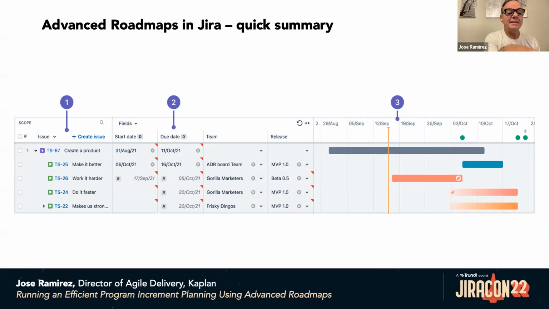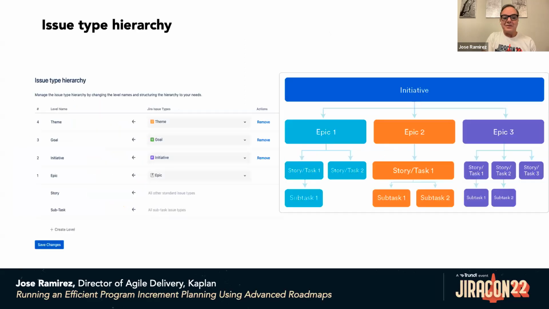And in this interface, you see the R beside some dates. That R, in the new version, is a curved arrow, and it means a rollup. So you don't need to define a specific date for an epic, but the date can be rolled up from the issues below.